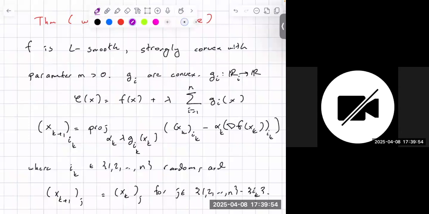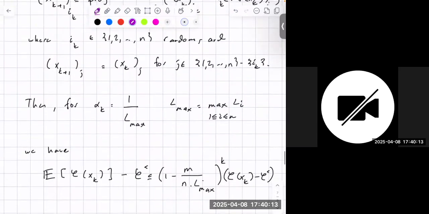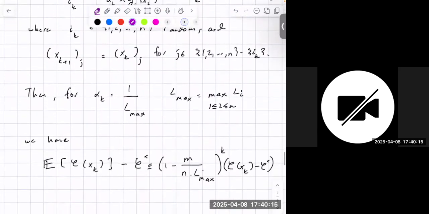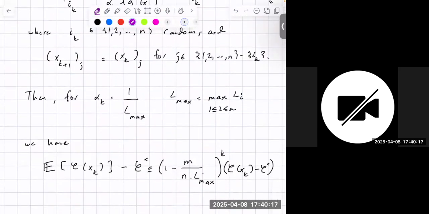And these G_i regularizers are just convex. And my objective function is a summation of that nice F and the convex regularizers. And I'm running this projected coordinate descent, coordinate by coordinate, as we described. And I'm picking a random coordinate at every step. Then it comes out like the error when you started.